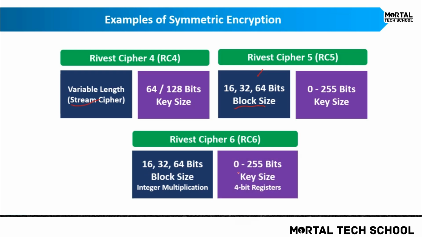What is the difference between RC5 and RC6? RC5 used only 2-bit registers while performing the operations, but RC6 uses 4-bit registers. Also, integer multiplication was not done in RC5, whereas in RC6 integer multiplication is performed. So you can say that RC6 is a much more advanced version of RC5.